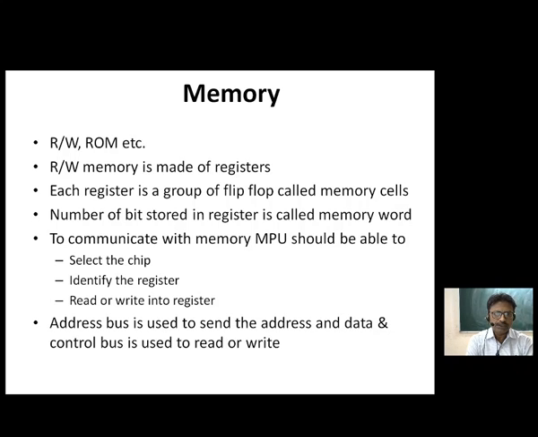Then once the chip is selected, we must identify the register in that particular chip, and then only the reading operation or the writing operation into that register can be done. So these are the basic 3 steps for communication with the memory which the microprocessor does: selecting the chip, identifying the register, and then reading or writing into the register.